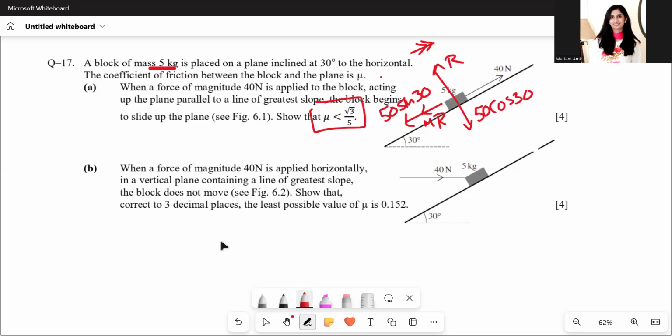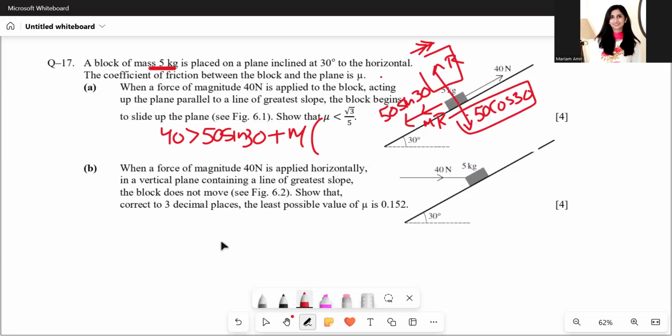Okay, so if the block is sliding up the plane and we need an inequality in this question, that means that this upward force has to be greater than this downward force. So that's how we're going to begin the inequality. 40 is greater than 50 sine 30 plus mu times R, and in place of R I'm writing this because R is equal to 50 cos 30.